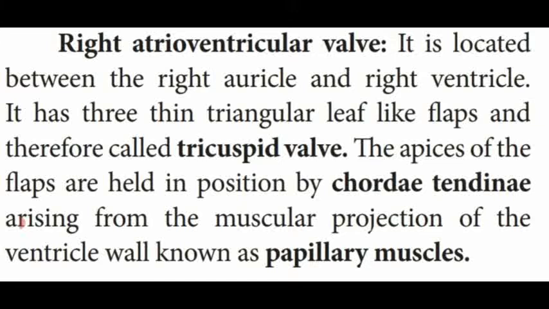This valve contains 3 triangular leaf-like flaps. Because of the triangle shape, the 3 flaps are named the tricuspid valve. Tri means what? 3. Tricuspid valve contains 3 leaf-like flaps located between the right atrium and the right ventricle.